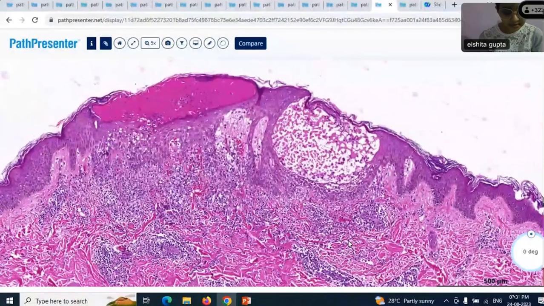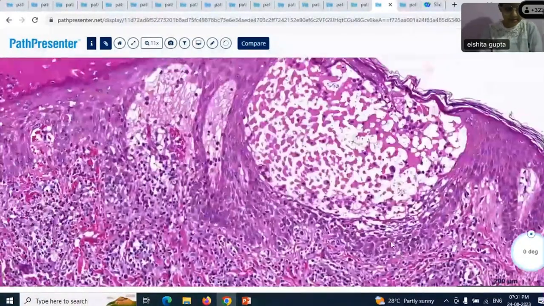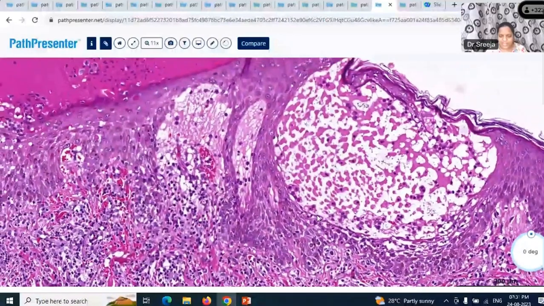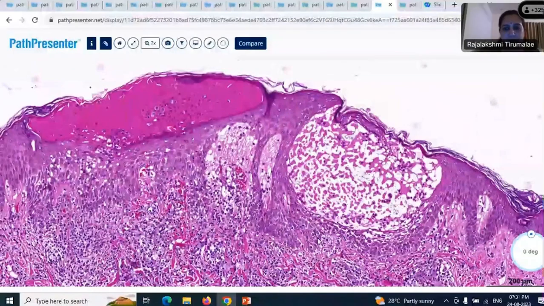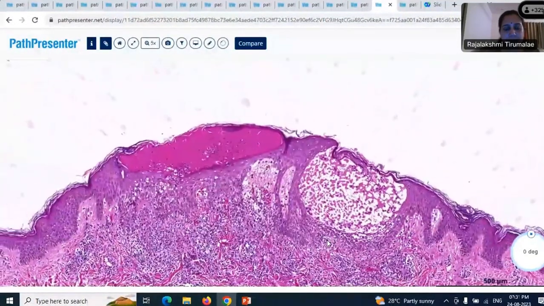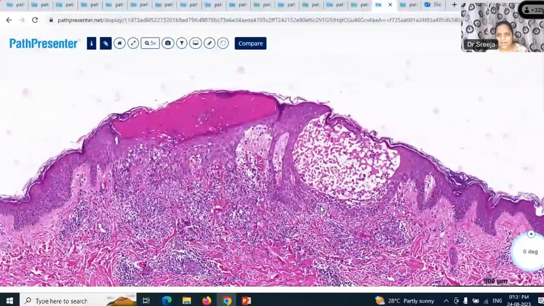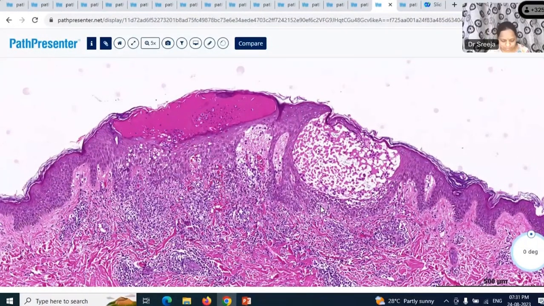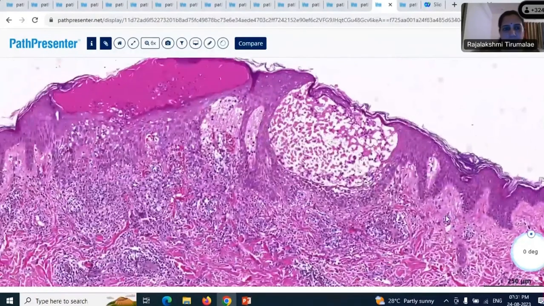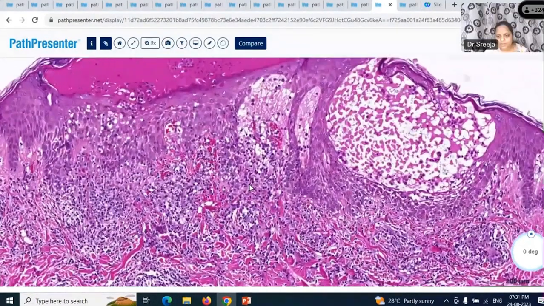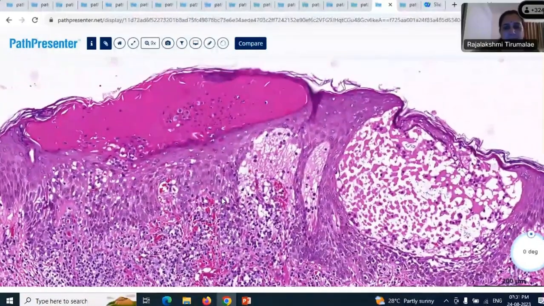Epidermis shows acantholysis, and then there is variable epidermal thickness, and in few places there is parakeratosis noted, ma'am. Okay. And acantholysis is seen. Where is the acantholysis?